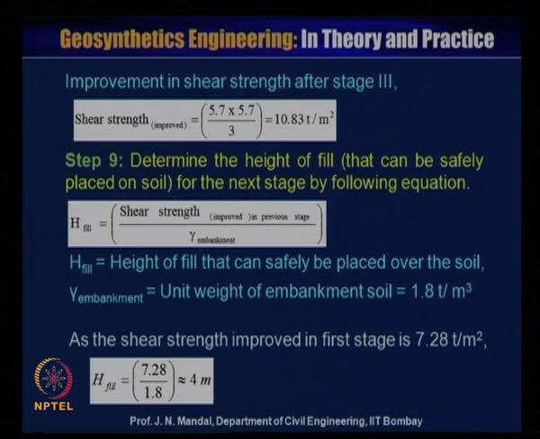As the shear strength improved in the first stage is 7.28 ton per meter square, H fill is equal to 7.28 divided by 1.8, which is approximately 4 meter.